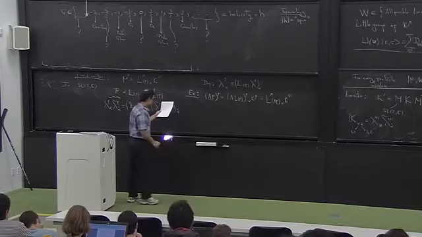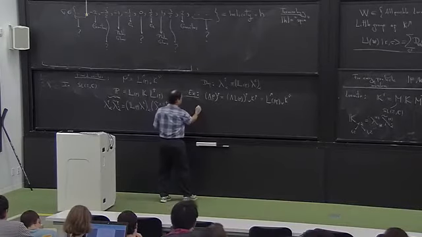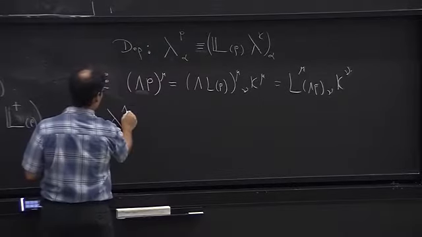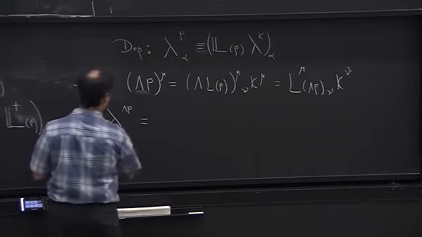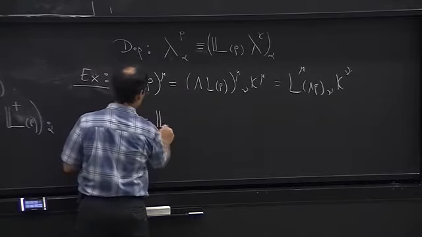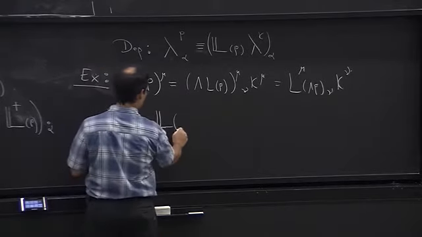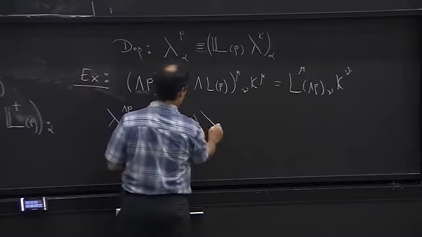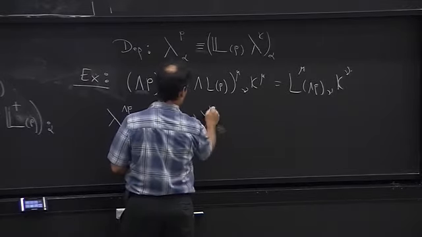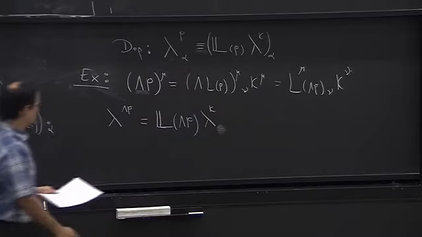Now we would say that the lambda of the vector lambda p, according to our definition, has to be the 2 by 2 representation of this transformation acting on our lambda of k. That's the definition, right?